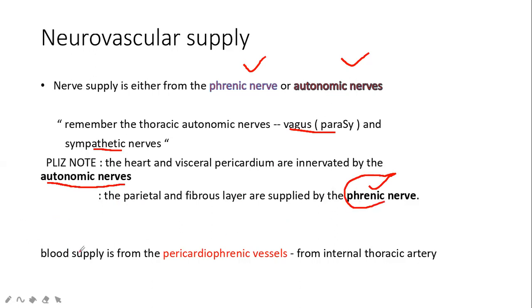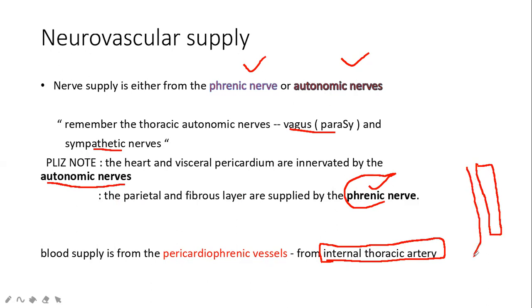And then blood supply is from the pericardiophrenic vessels. The pericardiophrenic artery is a branch of the internal thoracic artery, which gives the anterior intercostal arteries. Remember, I said this artery is very important, usually for spot tests. It moves parallel to the sternum and ends by dividing into the musculophrenic artery and the superior epigastric artery that goes to the abdomen.